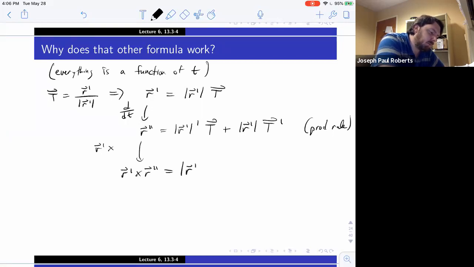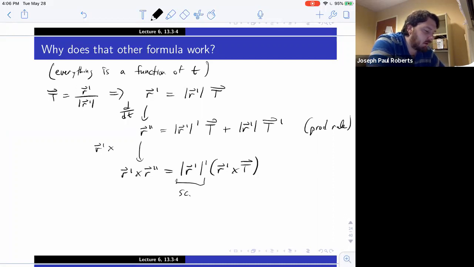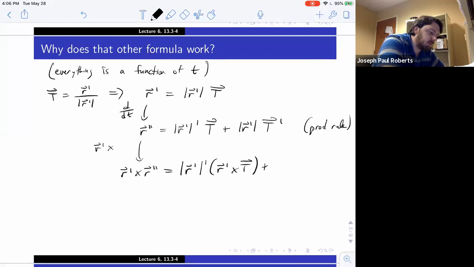And then I have the length of r prime prime, r prime cross T. I'm going to put the vectors together, because the length of r prime is just some scalar function, and the derivative of that is some scalar function. So I'm just going to put my vectors together with this cross product. So the length of r prime times r prime cross T prime.